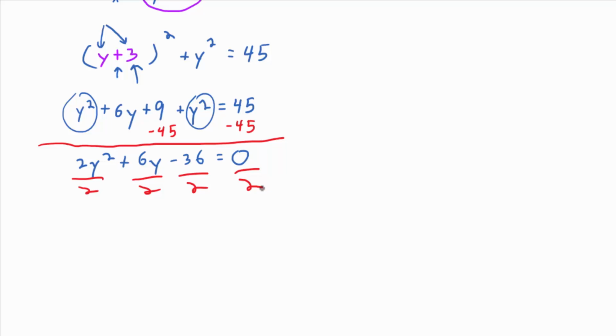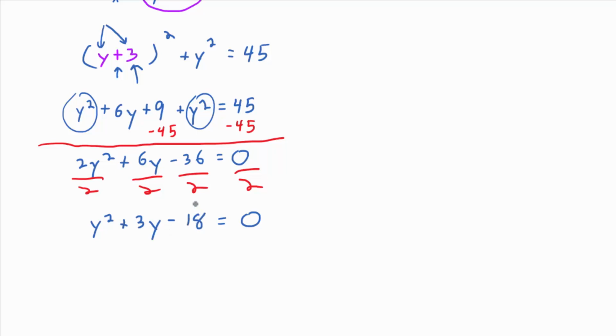I'll do the right side for you. Let's see, 0 divided by 2, I think that's 0. That was tough. Okay, you guys do the easy side. I'm just kidding. I did the easy side. But go ahead, what do you get when you divide by 2? You get y squared plus 3y minus 18.